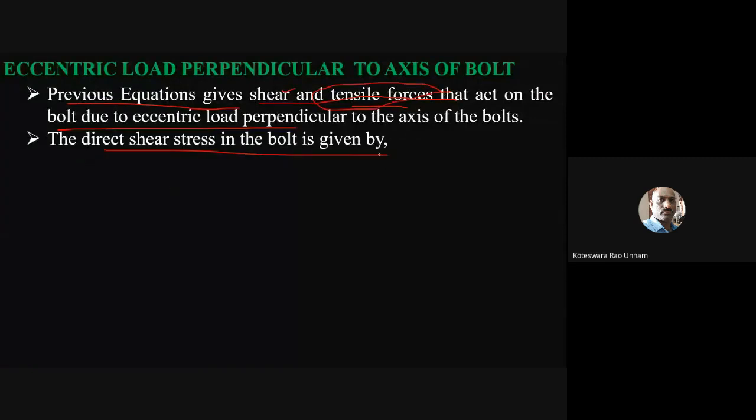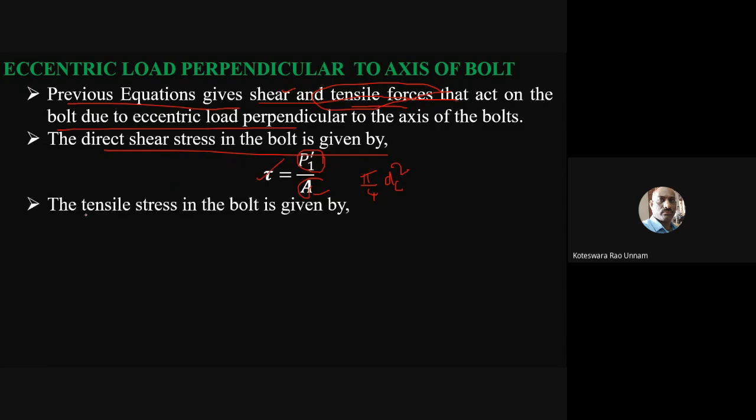Therefore the direct shear stress is given by P1 dash by A, where again this A is pi by 4 into dc square, where dc is the core diameter of the bolt. So this is the direct shear stress. Similarly, the tensile stress is nothing but P1 double dash by A. Again, this A is the same formula, pi by 4 into dc square.